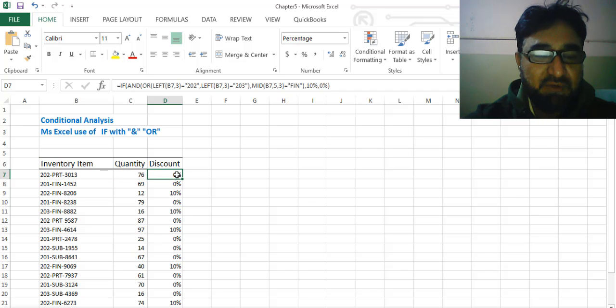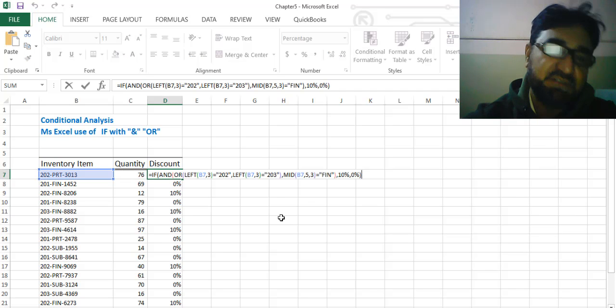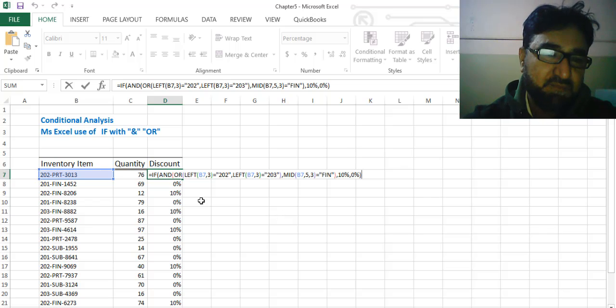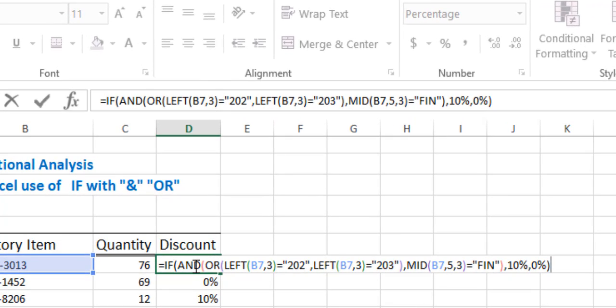So let's click the formula and see what this formula is telling us. IF and OR are the three conditional operators analyzing LEFT(B7,3).